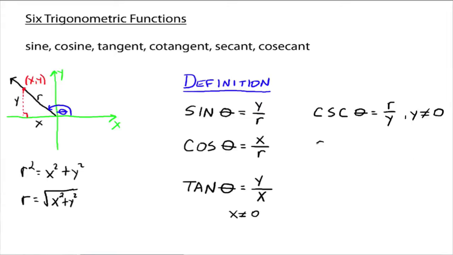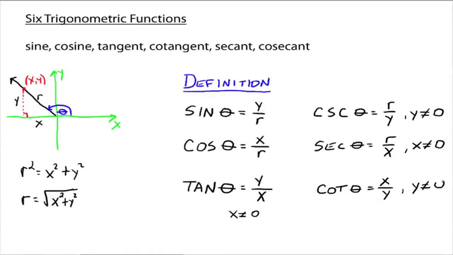The notation for secant would be SEC of theta, and that's defined to be r divided by x, provided x does not equal 0. And then cotangent. The notation for cotangent is COT of theta, and that's defined to be x divided by y, provided y does not equal 0. So there's the definition for all 6 of the trig functions.